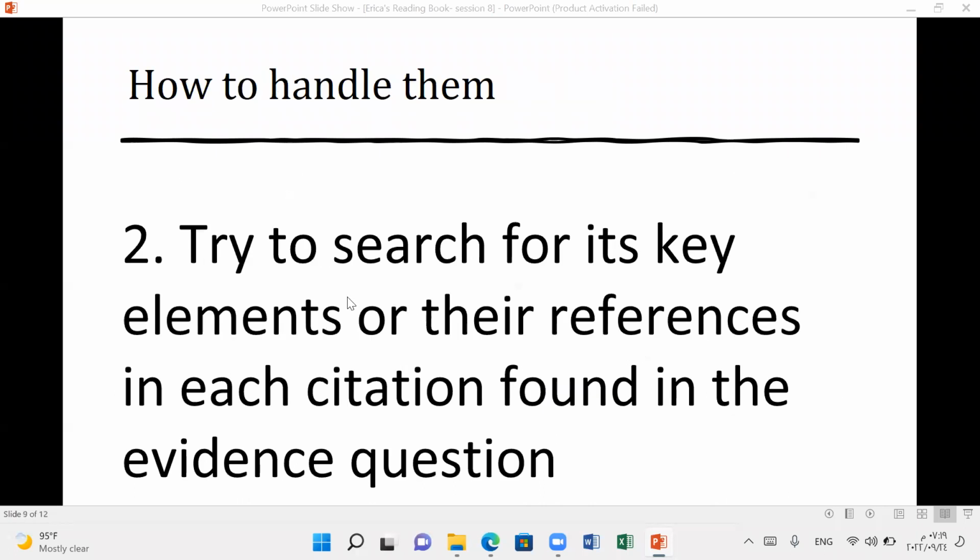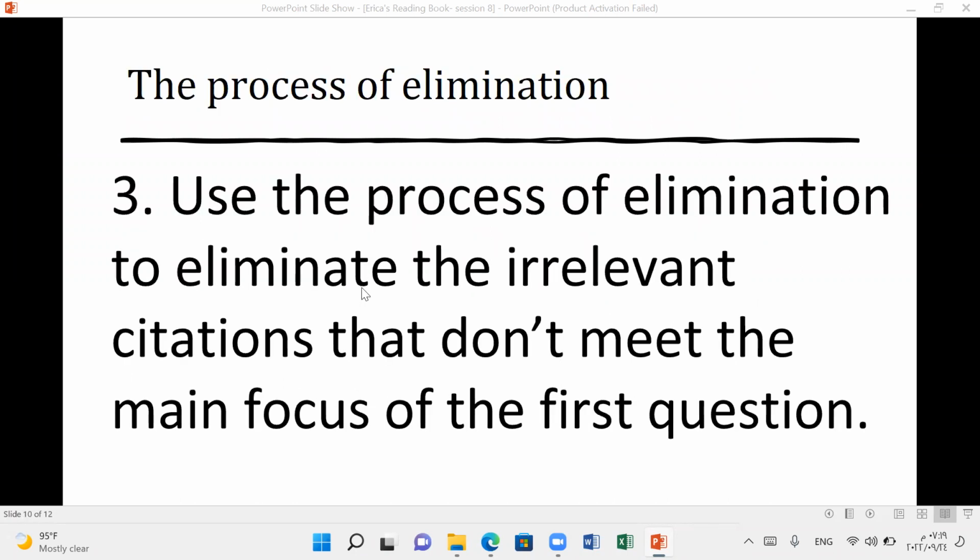So remember, in number two we're searching for these key elements in each citation found in the evidence question. Then we eliminate, of course. The process of elimination is one of the most important activities you're going to carry out while handling the reading section and the writing section as well.